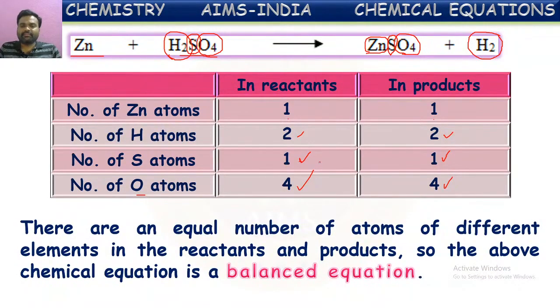So there are an equal number of atoms of different elements in the reactants and products, and the above chemical equation is said to be a balanced chemical equation. A chemical equation in which the number of atoms of all the elements is the same on both sides is a balanced chemical equation. So this zinc plus sulfuric acid reaction is given in balanced chemical equation form.